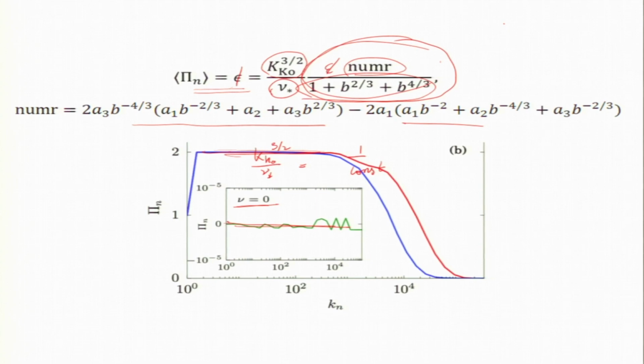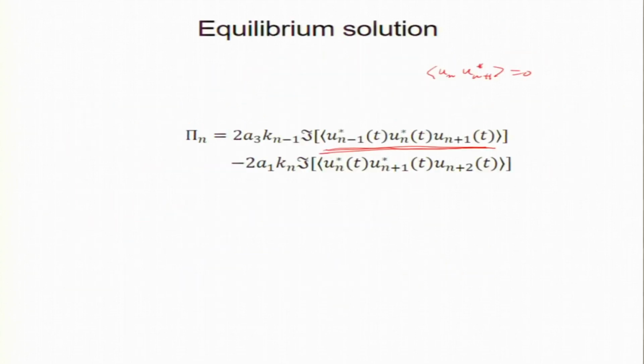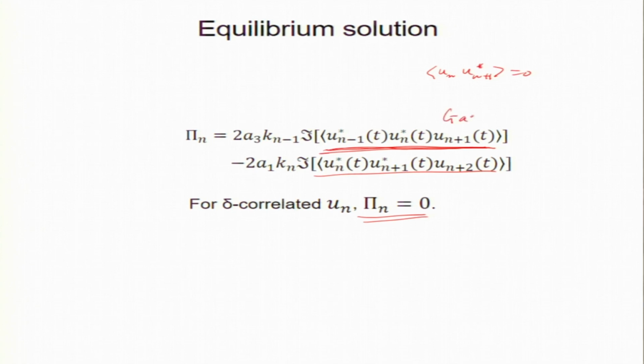So, for the Euler equivalent, these guys give you 0. So, flux is 0, and it is possible because the u_n are all delta correlated, they are all white noise basically. So, even the triple correlations, they remain Gaussian.